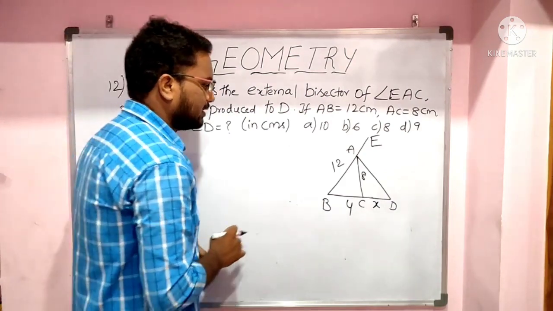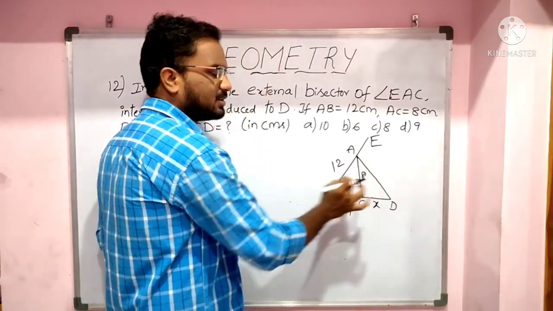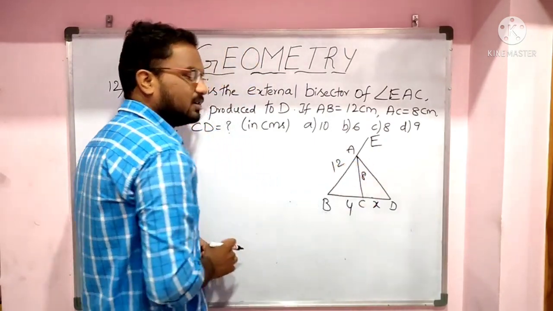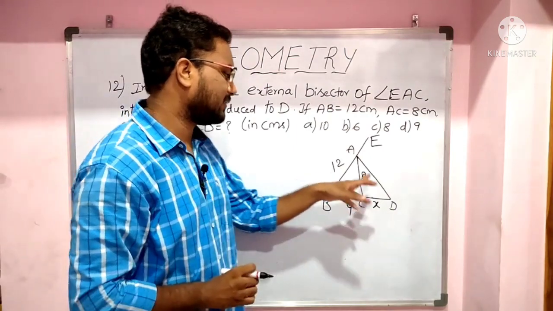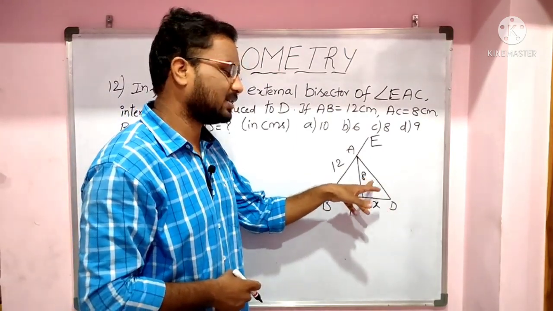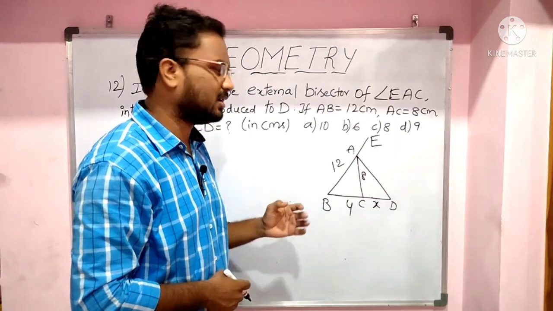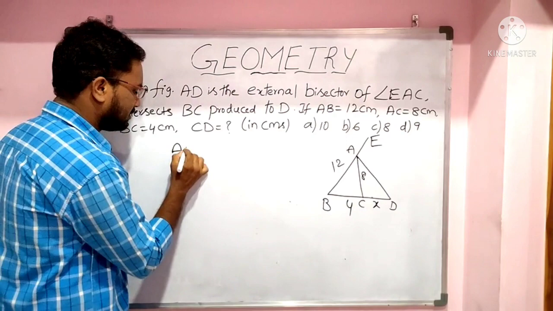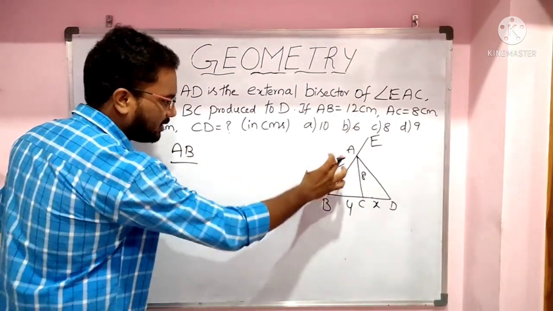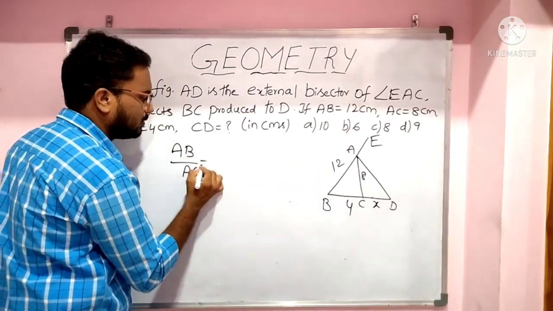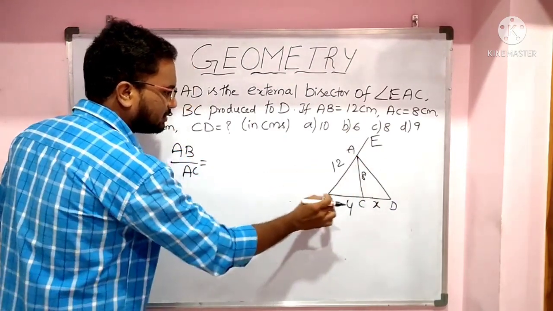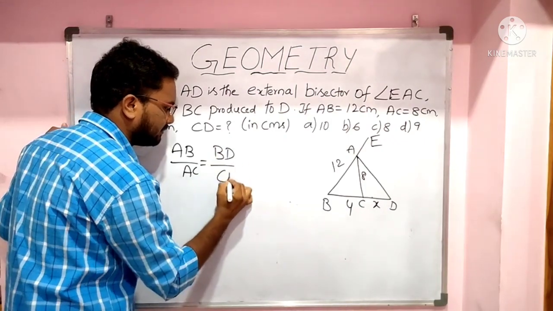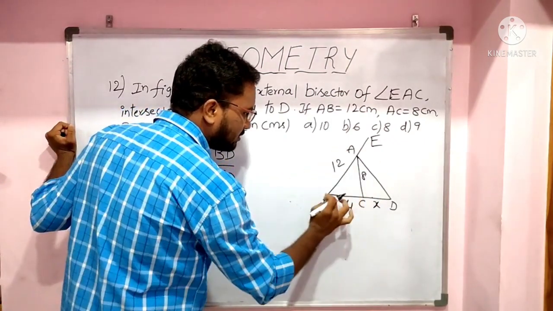Here AD is the external bisector. From the external bisector theorem, if an external bisector is drawn to any side of a triangle, then it divides the other two sides in the same proportion. That means AB by AC equal to BD by CD.